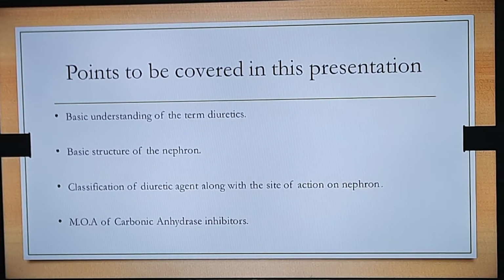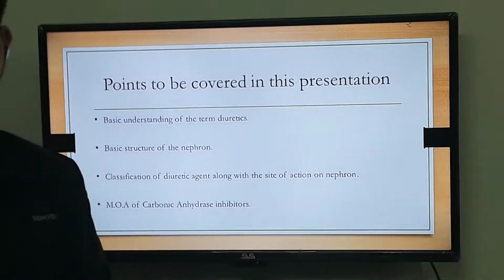Now the question is, why are we studying the basic structure of the nephron? As we know, this class of drugs known as diuretics mainly acts on our kidneys. And we have studied in lower classes that the structural and functional unit of the kidney is called the nephron. The diuretic drugs mainly work on different regions within the nephron.